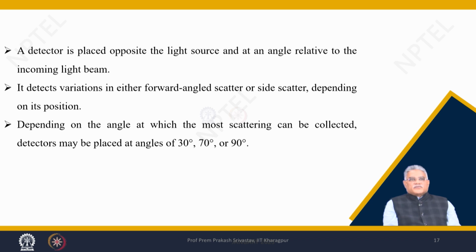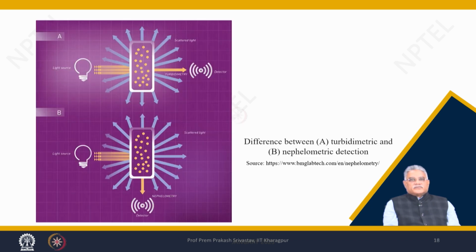It detects variations in either forward angled scatter or side scatter depending on its position. Depending on the angle at which the most scattering can be collected, detectors may be placed at angles of 30 degree, 70 degree or 90 degree.